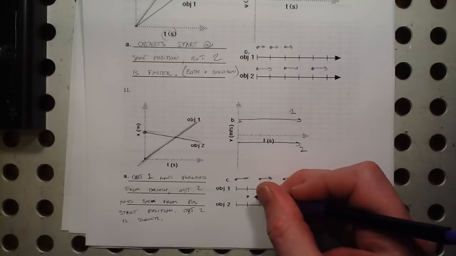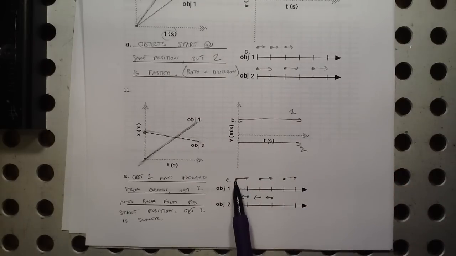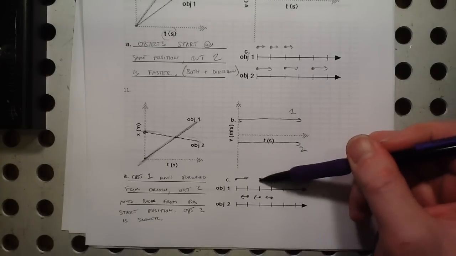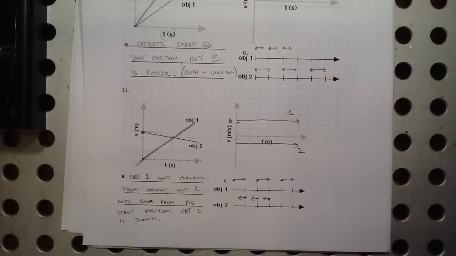So maybe something like this. And if you look at the time ticks, here's 0, 1, 2, 0, 1, 2. You can see at time 1 they're at the same place. So that would be like our time 1 there. Right, so something like that. It is definitely important here that they go opposite directions, that these arrows and spacings are bigger than this one, and that this one starts up here and goes backward. Those are the details that are important there.